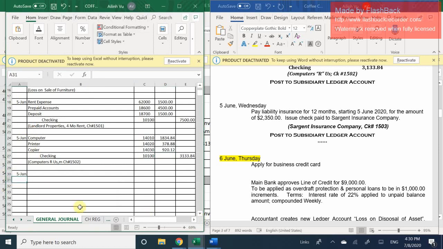Is it going to be liability insurance? Where do you need to go to know what accounts you have? It'd be an asset. Okay, prepaid insurance. Prepaid accounts, that's one of the accounts.